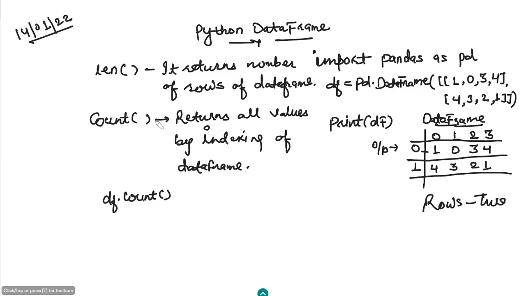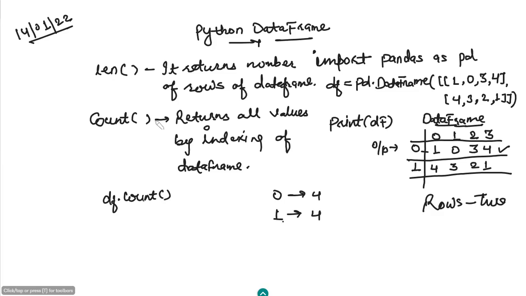So it will return the number of values by indexing. Suppose we are having two indexes here. 0. How many values are there in index 0? 1, 2, 3, 4. There are 4 values, right? So at 0 index, we are having 4 values. Same as at 1 index, we are having the same number of values, that is 4.